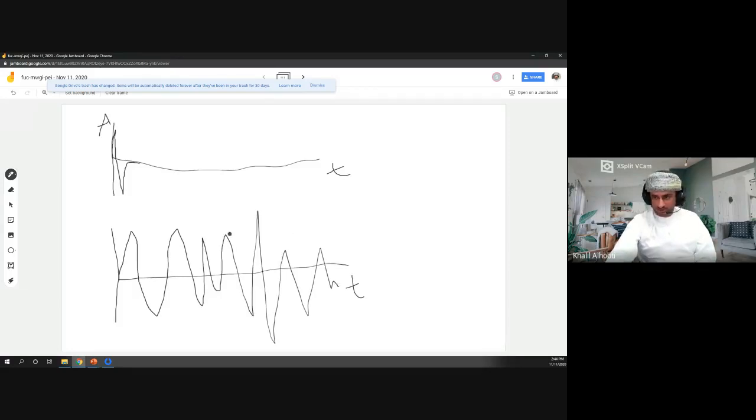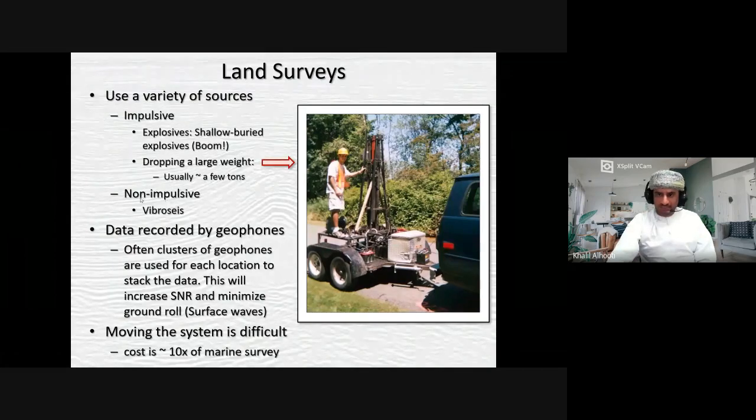You'll see some example. But this is, we call it either impulsive or non-impulsive. Impulsive, its source function characteristic is short period, whereas the Vibroseis has something we call sweep. That's what is meant by impulsive and non-impulsive.